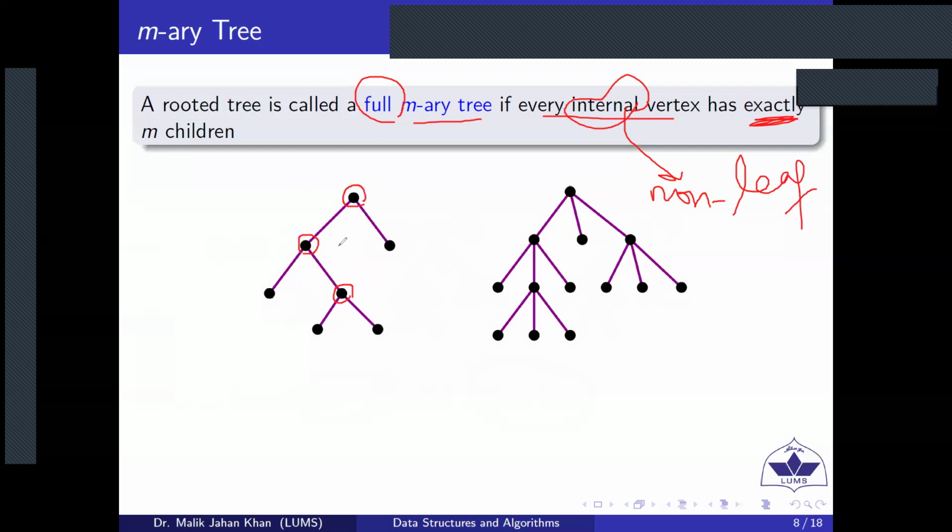They are not leaf vertices, and each of them has two child nodes. So we can say that this is a full m-ary tree with m equal to 2, or for this particular m, we can call it a full binary tree.